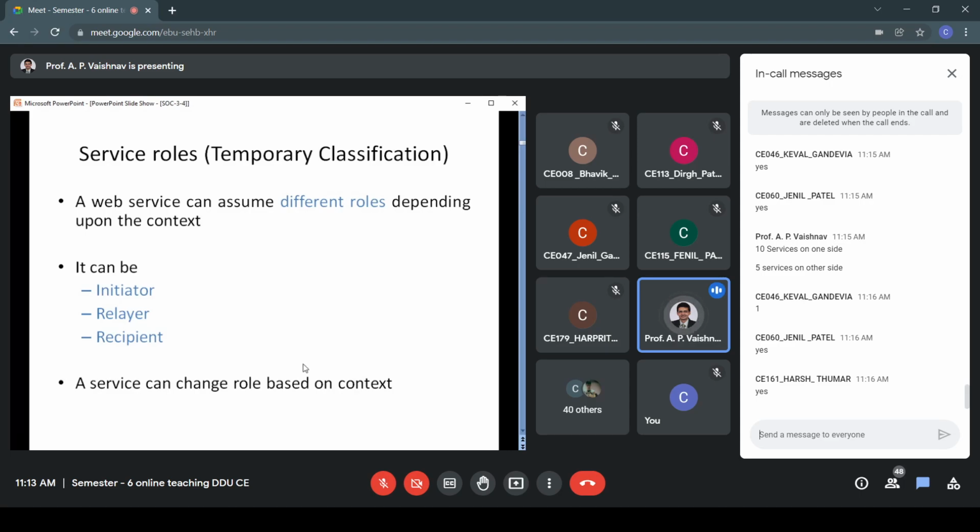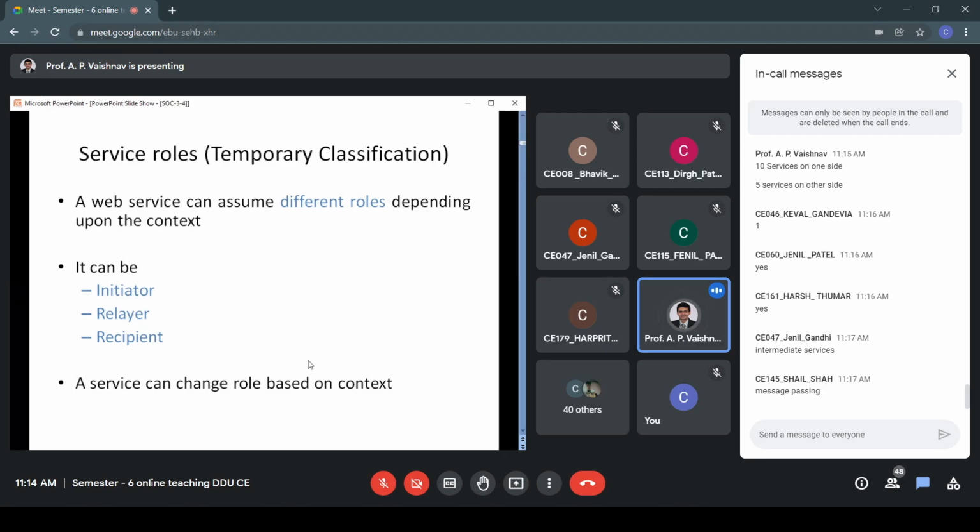Okay, now who is a relayer? You must have seen the races of 4 cross 100 meters and all those, right? So you pass the baton from one person to the other, fine. So what is the purpose of a relayer in a race? Yes, intermediate services. Correct. They will take a message from middleware. Very good, that is a technical term that we use.